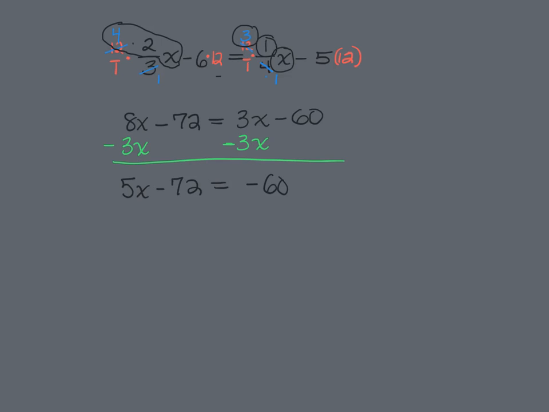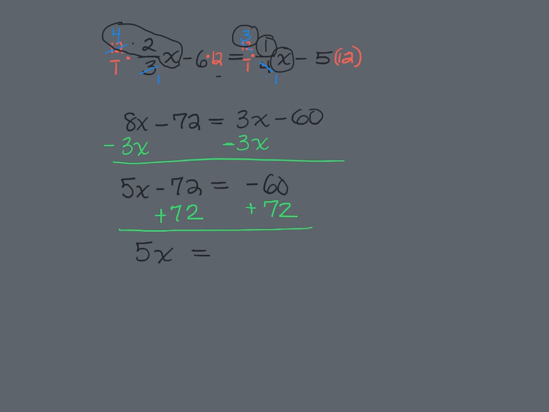Now what I want to do, I want to get this 5x term by itself. So I'm going to add 72 to both sides. Because by doing that, that is going to make that 5x term be all by itself on the left side of my equation, because negative 72 and positive 72 is 0.